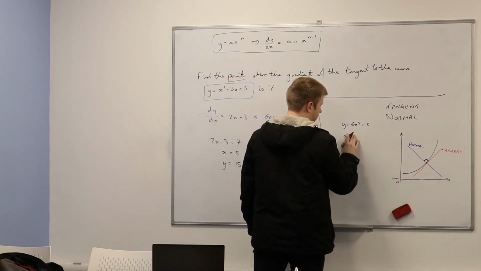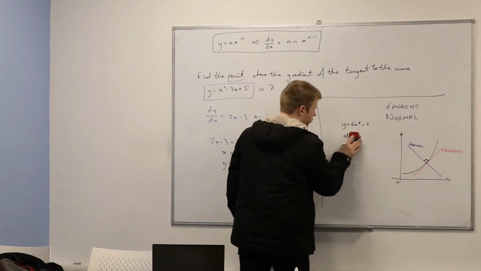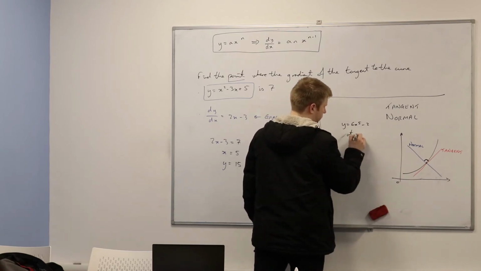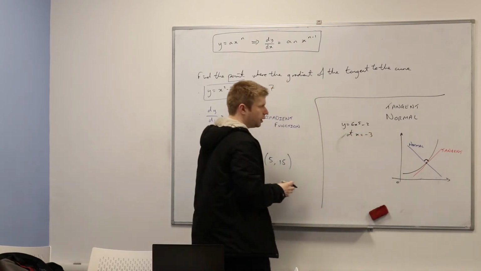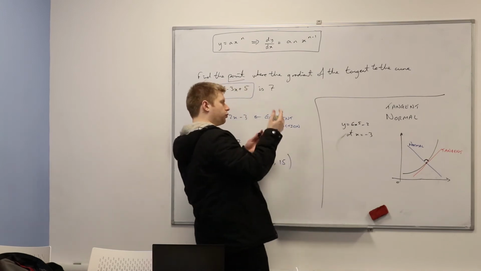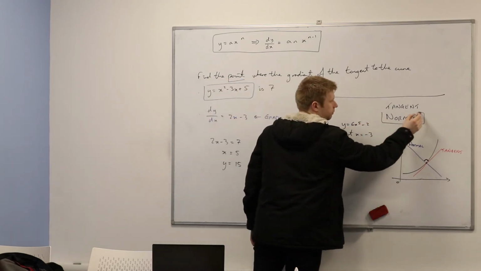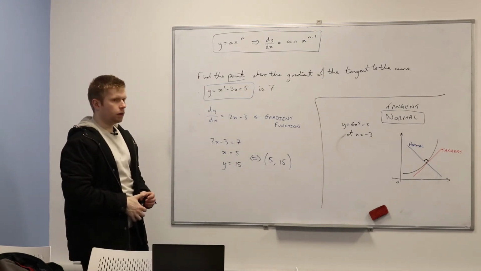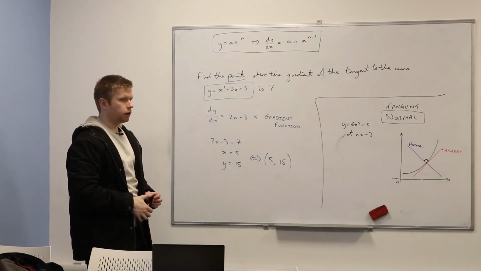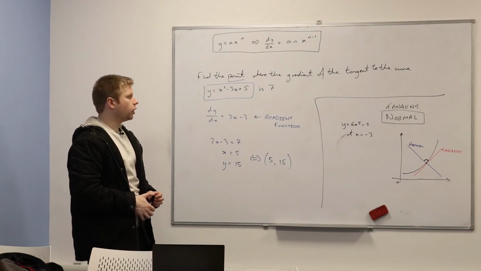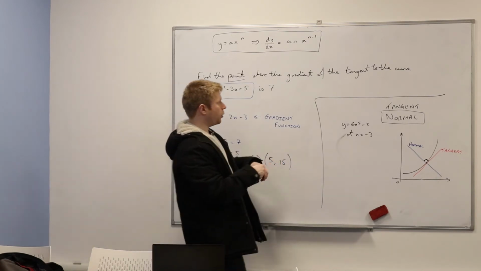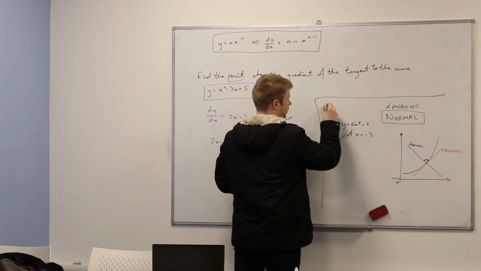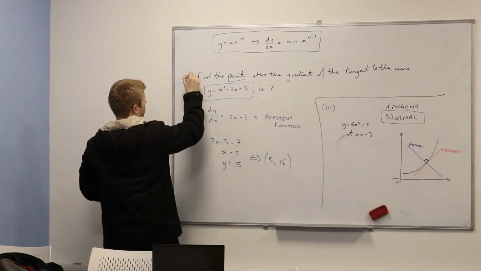So how could I do this? I want to find the gradient of the normal this time. So this is question 4, and this is question 3.